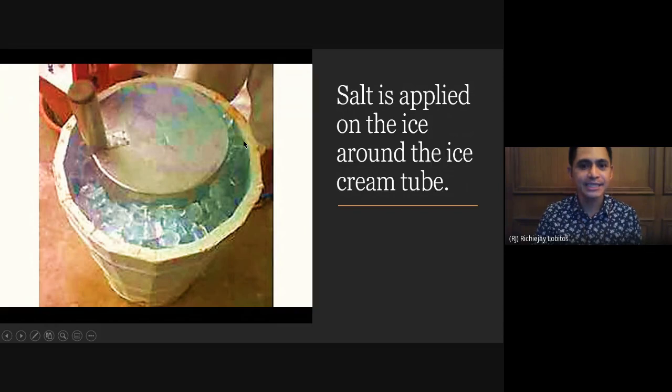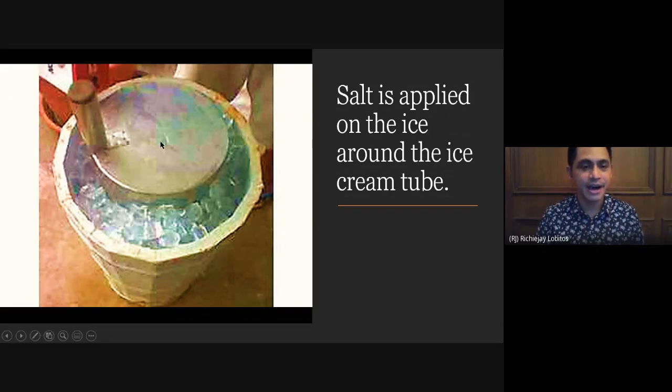When you add salt to the ice, the temperature that the ice provides to the ice cream tub is lower than 0 degrees Celsius because, again, it decreases the freezing and melting point of the ice.